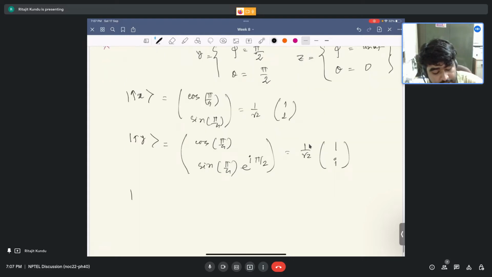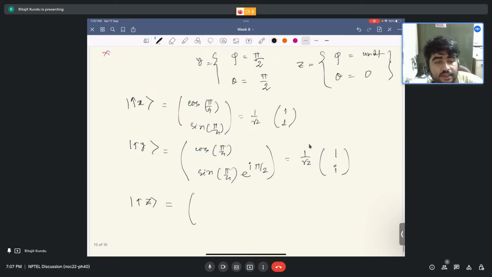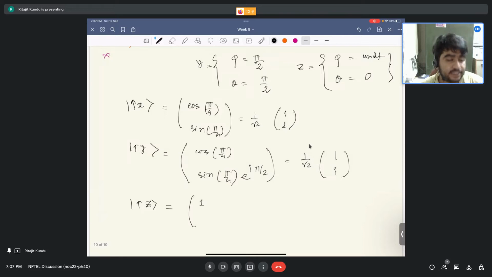Similarly for z, you will just use theta to be 0. The first component becomes 1, and in the second component sine theta is sitting there. So even if phi is undefined, we don't have to worry about that because sine theta takes care of it.